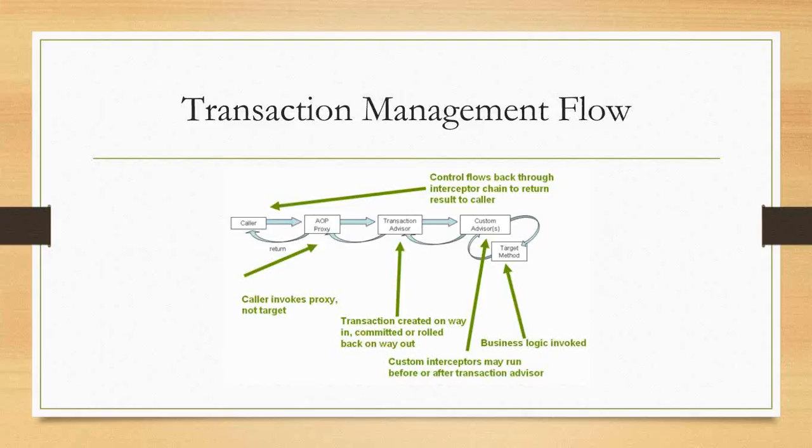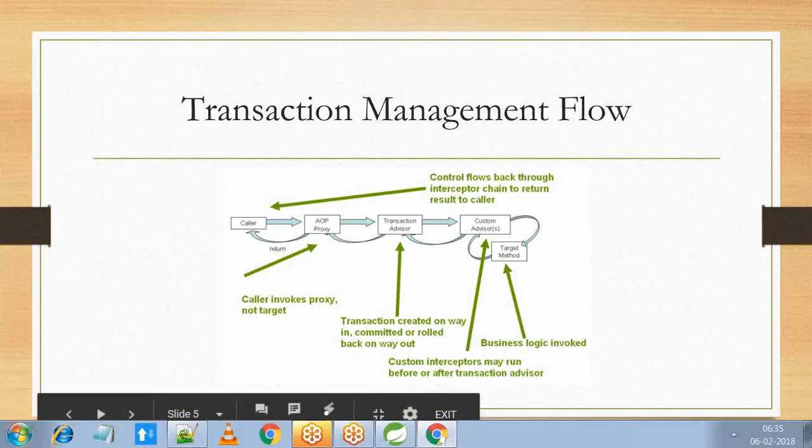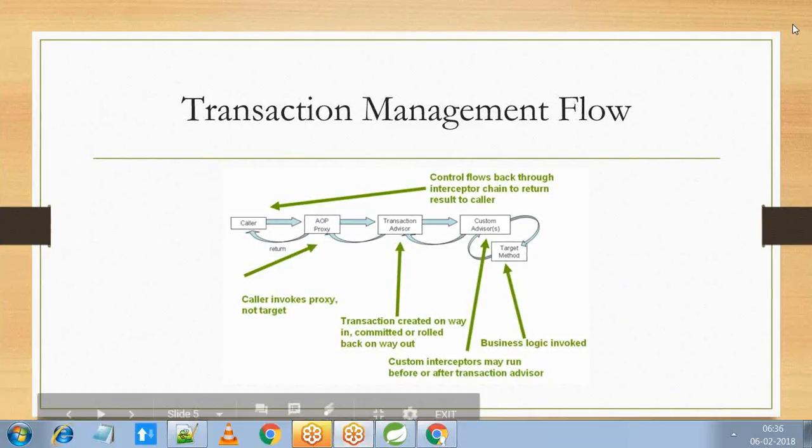And then at last the target method will be called, where you have the business logic. It doesn't mean you will always apply transaction management code only to the repositories or DAOs. Even to execute business logic, you need to use transactions. This is how the flow works.